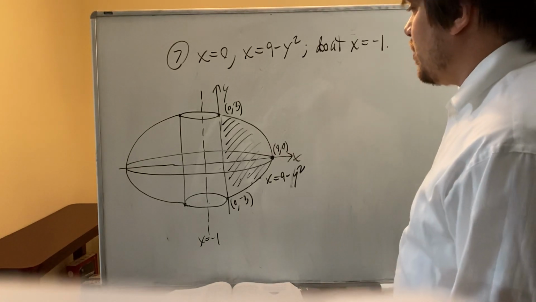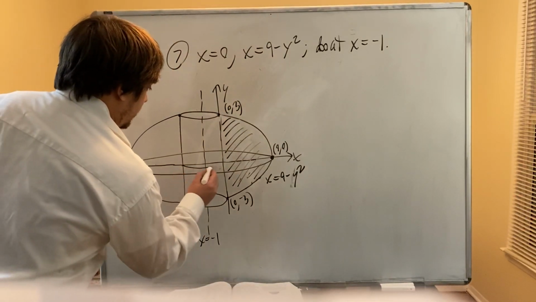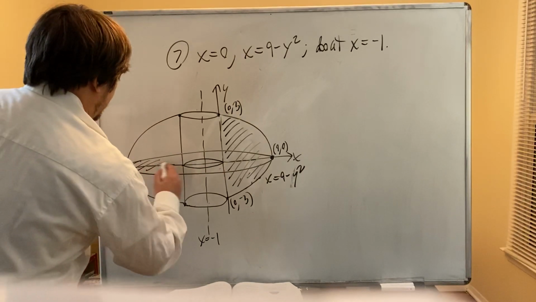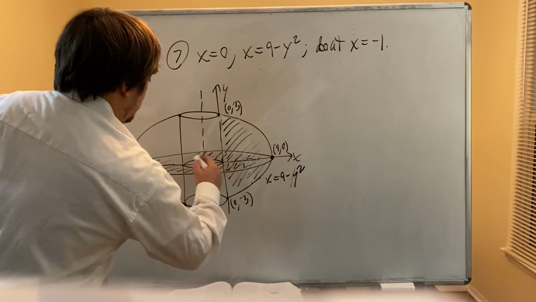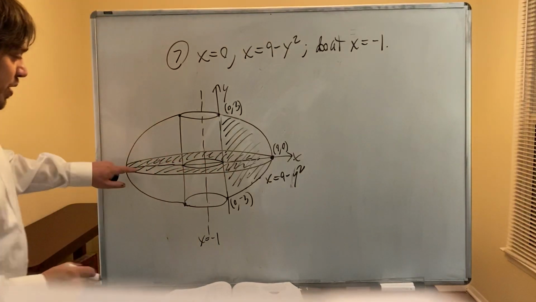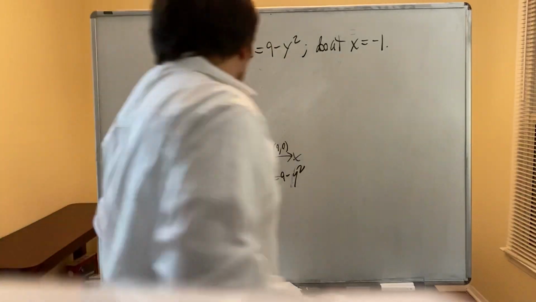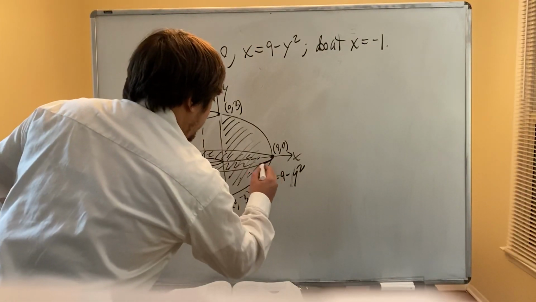And so we're going to find the volume using washers. And so an example of a washer would be this thing here. Okay, so if you think of the other thing I'm shading, I'm also shading in this washer. So that's an example of a washer with a very small thickness.